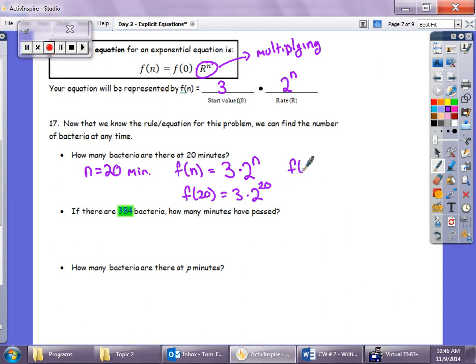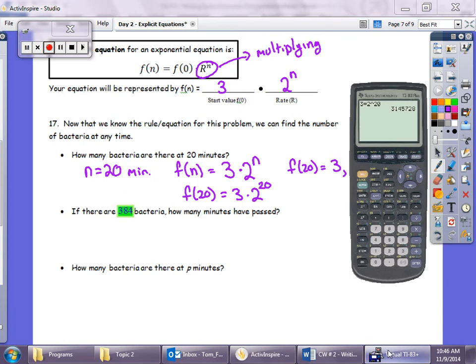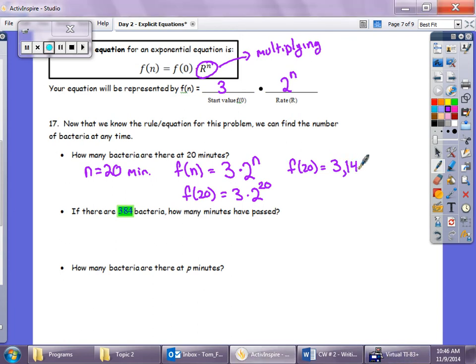So f of 20 equals 3,145,728 bacteria. After 20 minutes, there are 3,145,728 bacteria in our example.